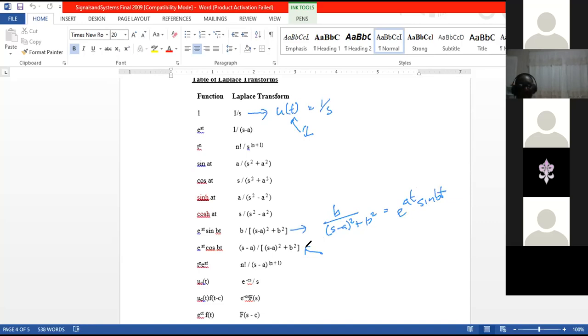And then we have to use this one as well: s minus a all over s minus a squared plus b squared is equal to e to the at cosine bt. So I have to use these two and this. So let me just go back.